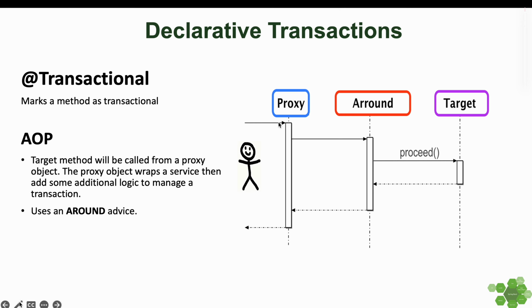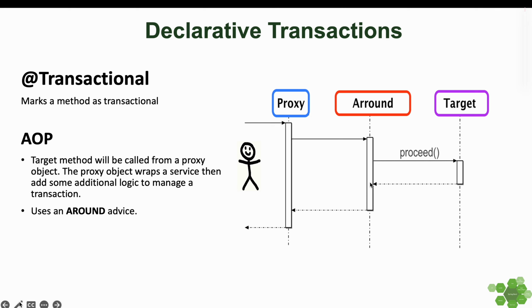So the call comes to a proxy, delegates to an around advice, which is that code that has been created. On the around advice, you make a call to the target method. And then inside this around advice, this is where you're going to begin a transaction. Obviously, you will get a connection, begin a transaction, then execute the target method.